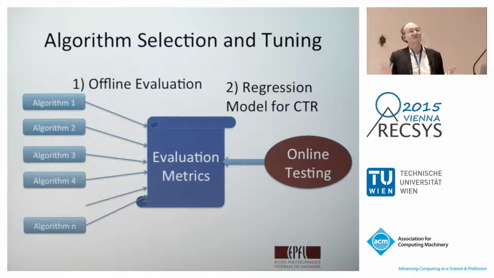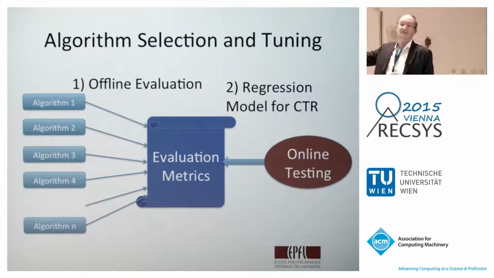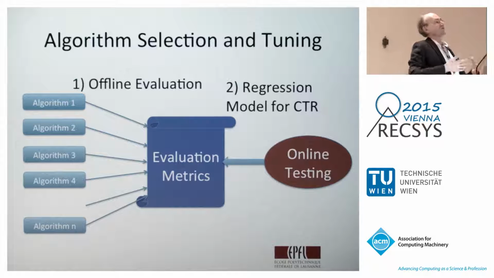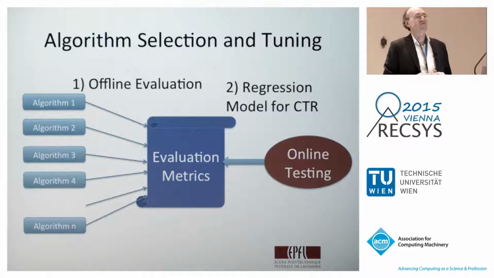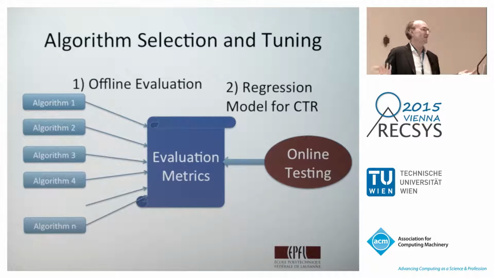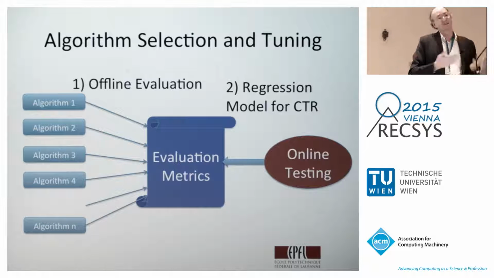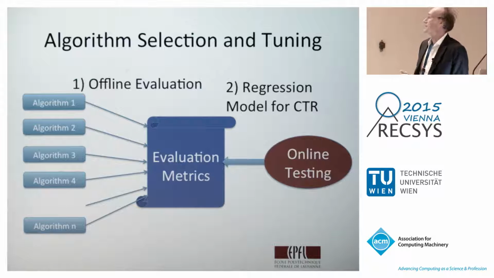And the hypothesis here, which I can't stress enough, is that these metrics actually make sense. So if these metrics are not good for predicting online behavior because they have nothing to do with what influences people, then of course this is not going to work very well. If they're very good, then we can expect fairly good behavior.